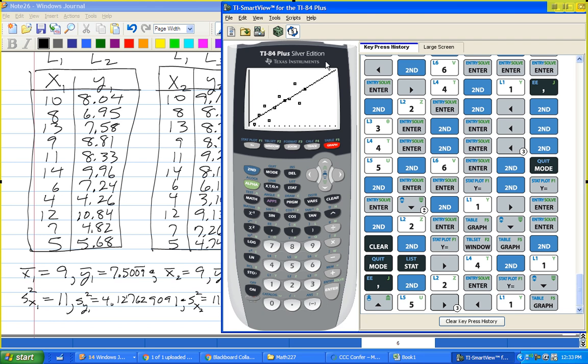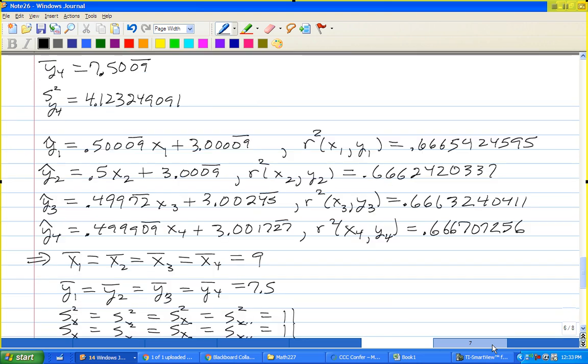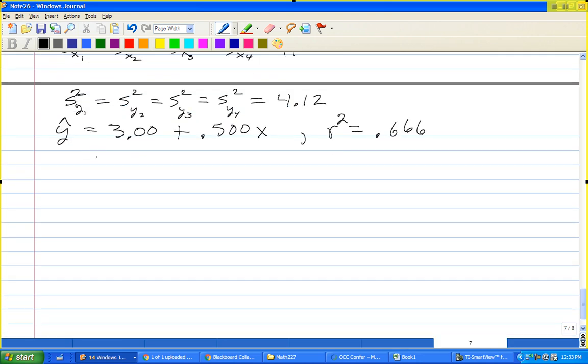So this is good. So for this first set of data, we've got a whole bunch of, it's good, and our regression line is correct. So this is a good fit. So this is x1, y1.